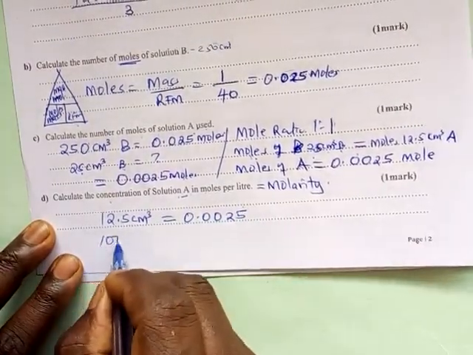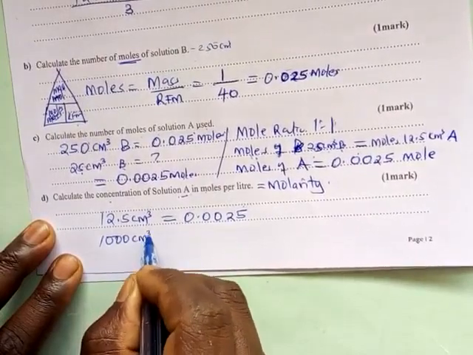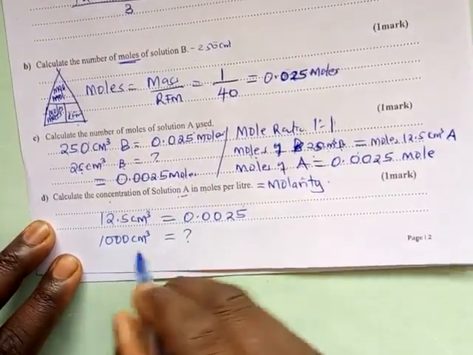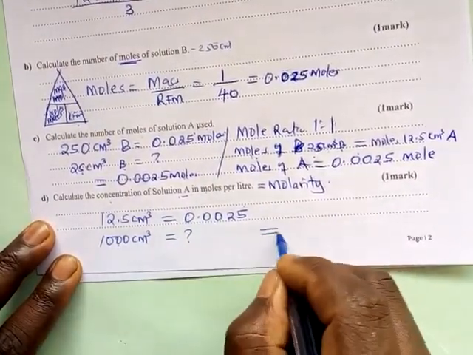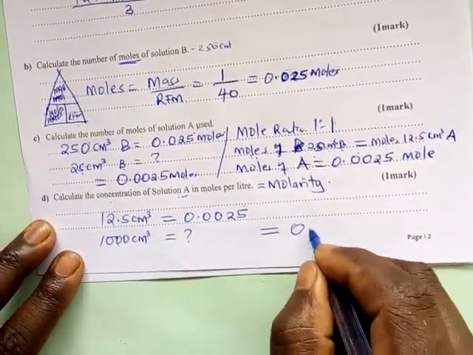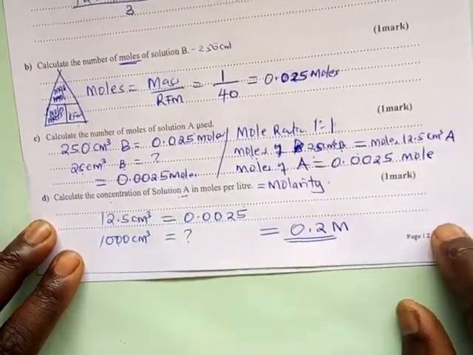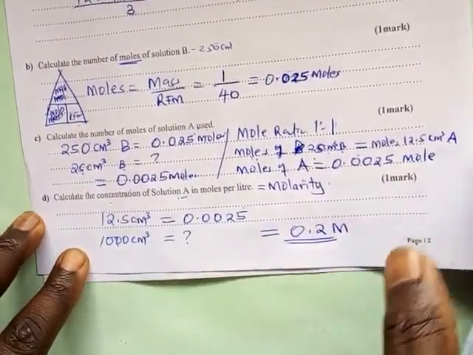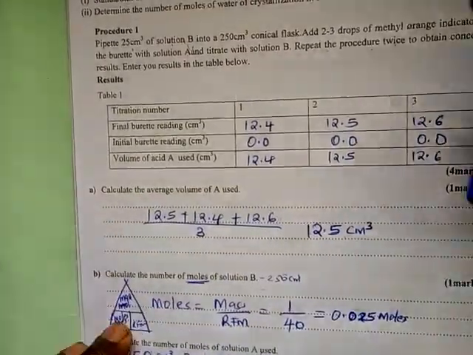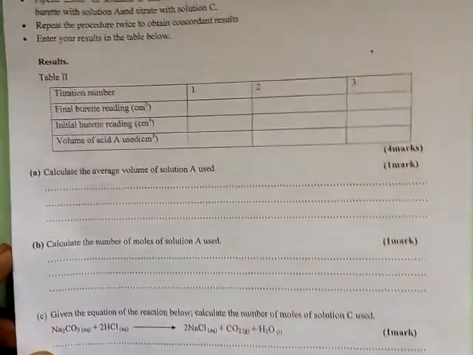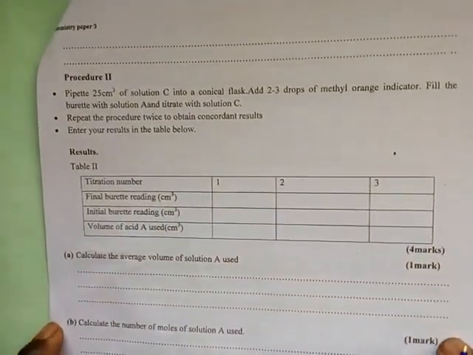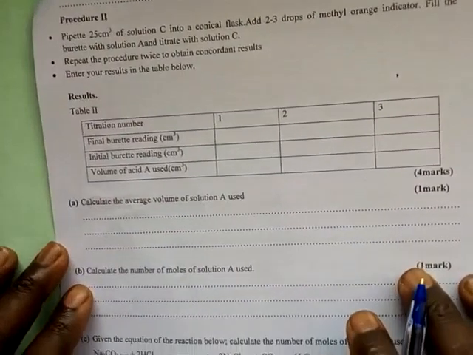So 1,000 centimeters cube, which is the liter, will contain what? So it is times it divided by this, and it's going to give you 0.2 capital M. That is the molarity of solution A, the number of moles in a liter. We have finished, so we go to procedure 2.